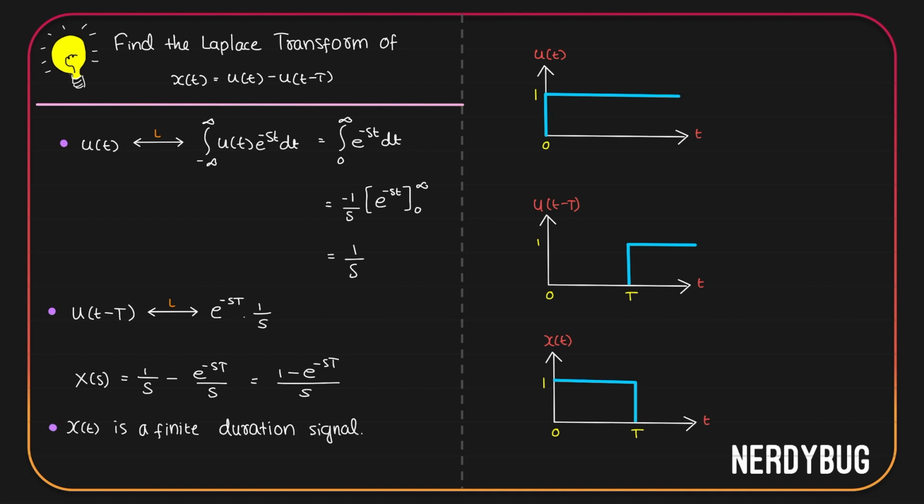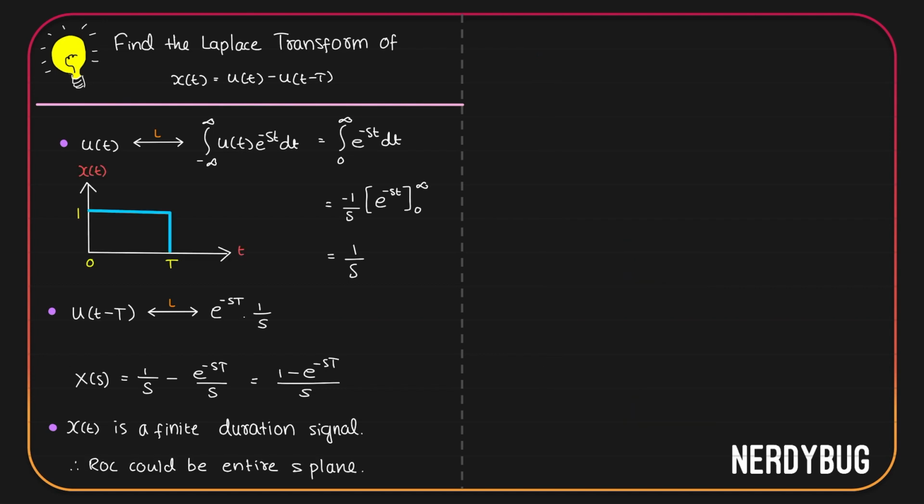And we have learned in our previous video that for a finite duration signal, the ROC could be the entire s-plane. But we definitely have to check for s equal to infinity, s equal to minus infinity and s equal to 0. First, let us check for sigma equal to 0.